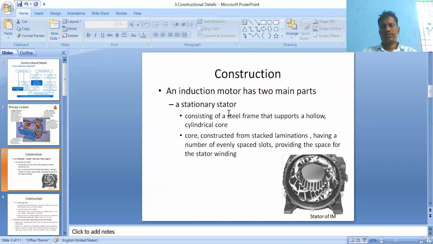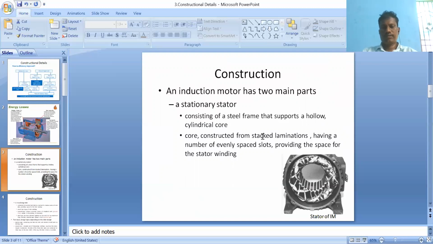The core is constructed from stamped laminations.